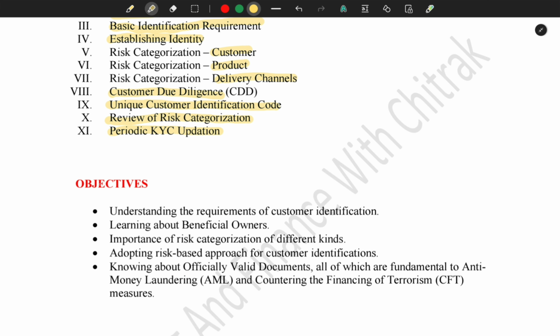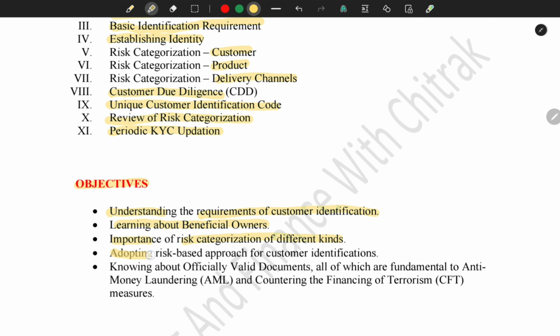First, let's understand what is the objective of this chapter. Basically, this chapter will help us understand the requirements of customer identifications. We'll learn about the beneficial owners, which is a very important concept to understand the actual owner of any company or any partnership organization, and we will also know about the importance of risk categorization of different kinds, like I said, of customer, products or delivery channels.